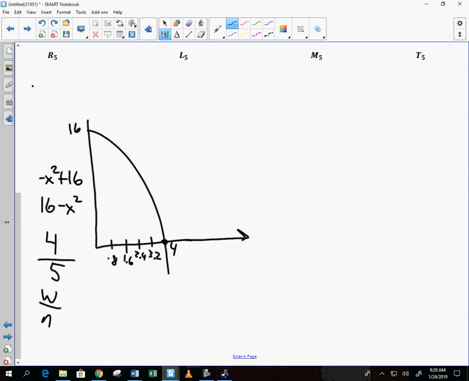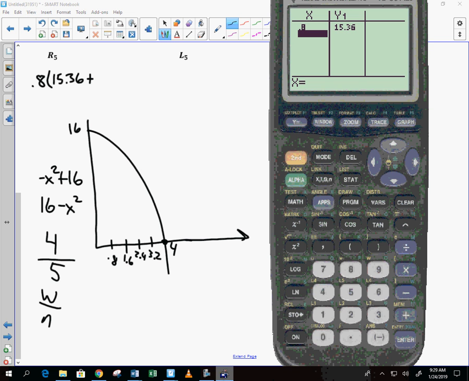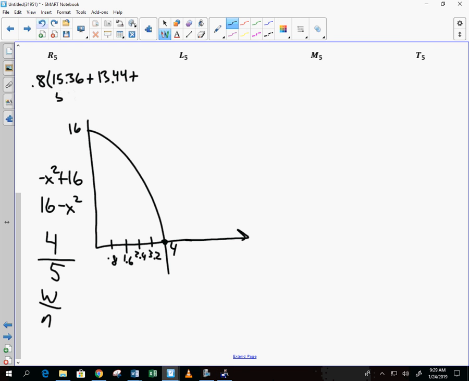So I have the width, which is 0.8 times the sum of the heights. What's the first height? 15.36 plus 13.44 plus 10.24.